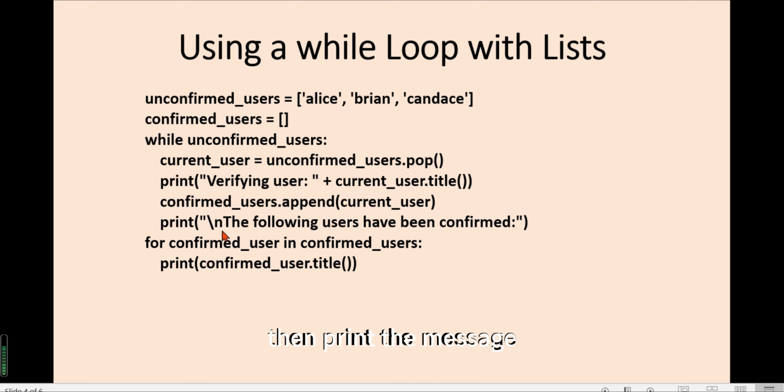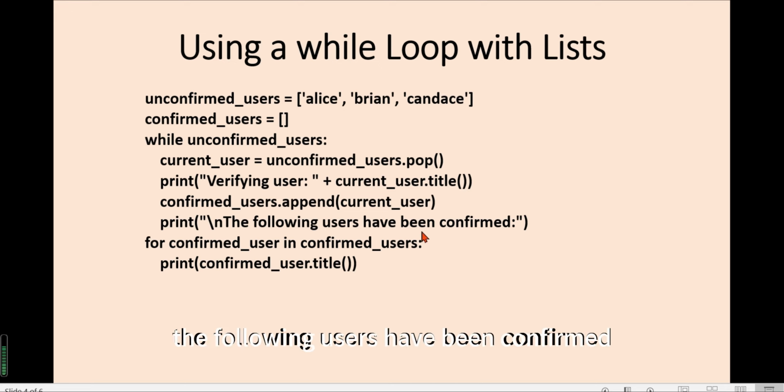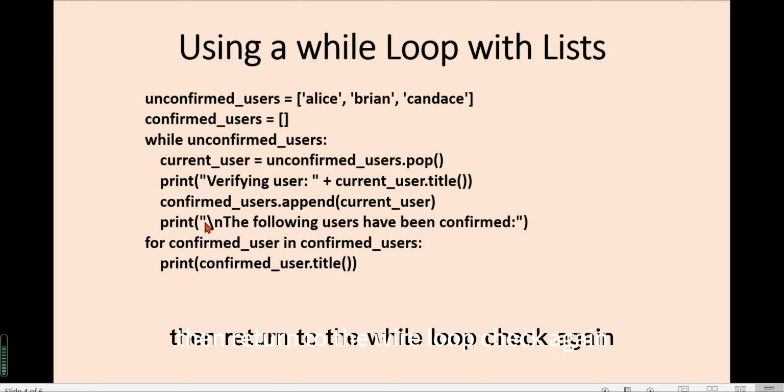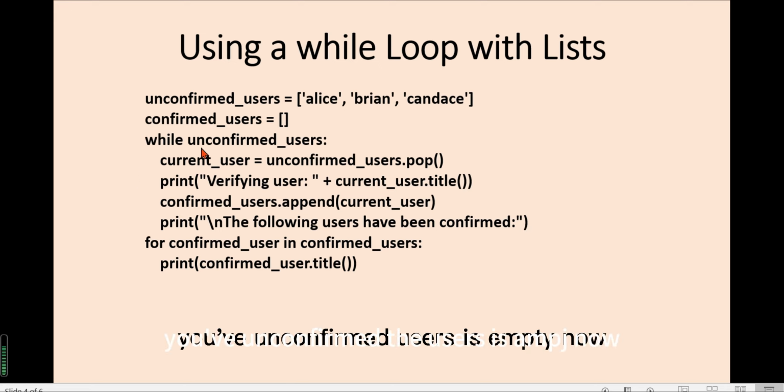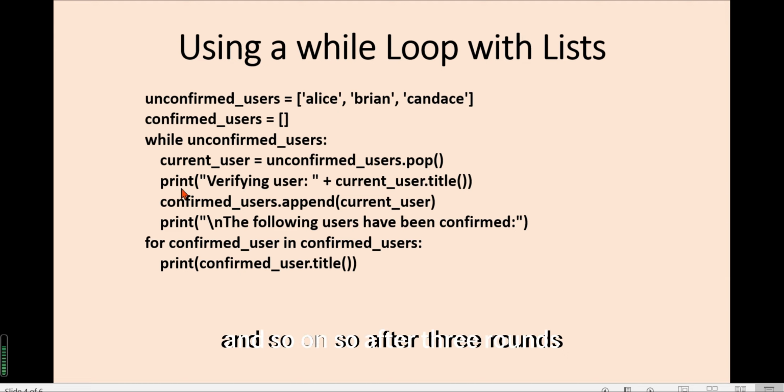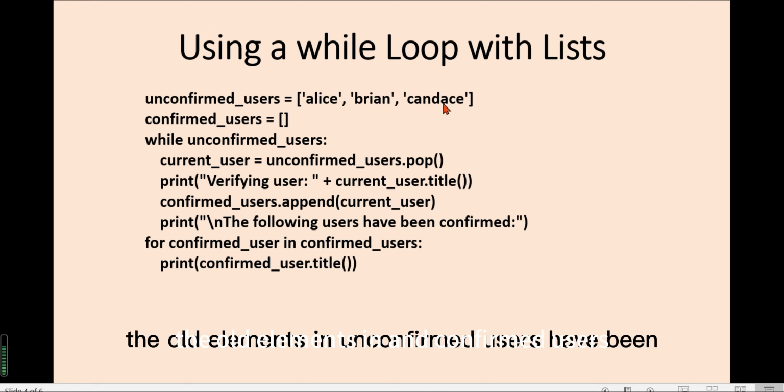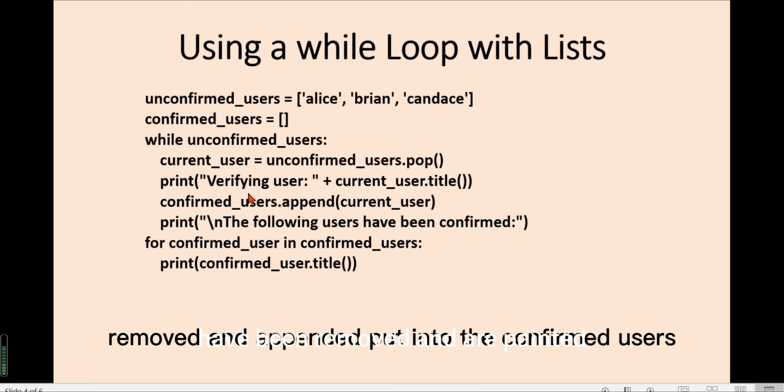Then we return to the while loop and check again whether unconfirmed users is empty. And so on. After three rounds, all the elements in unconfirmed users have been removed and appended into the confirmed users.